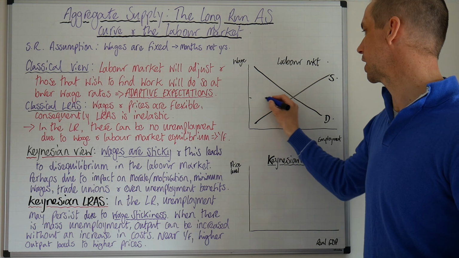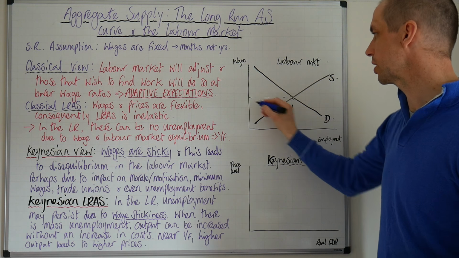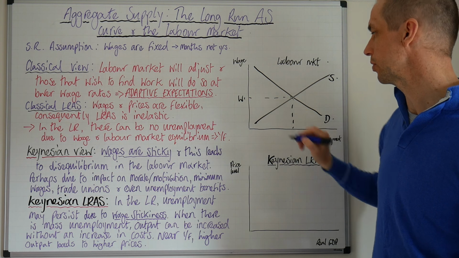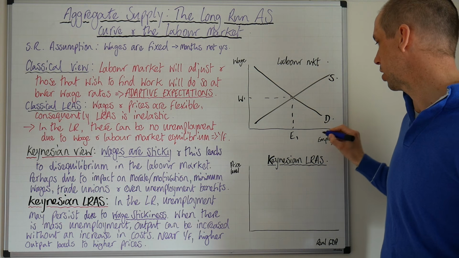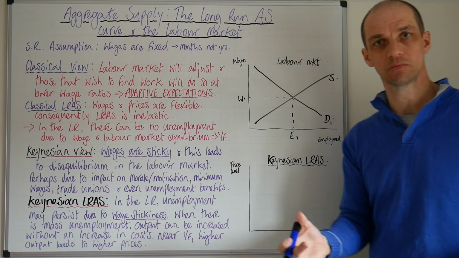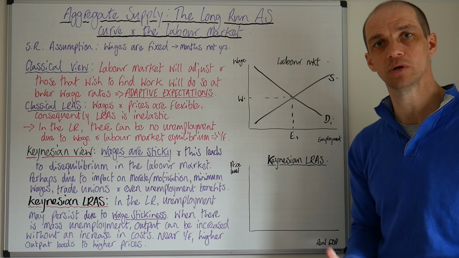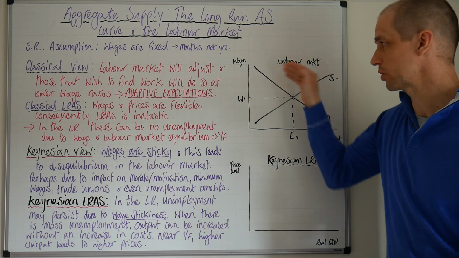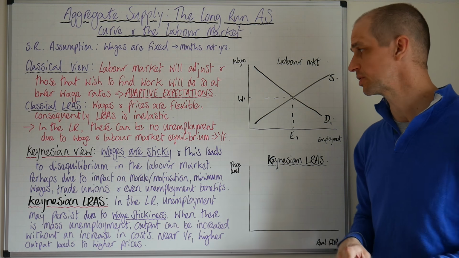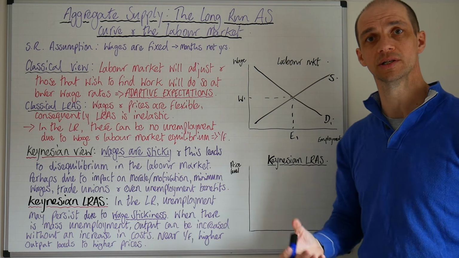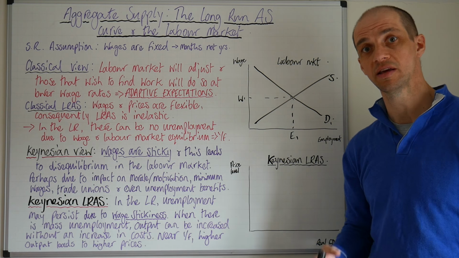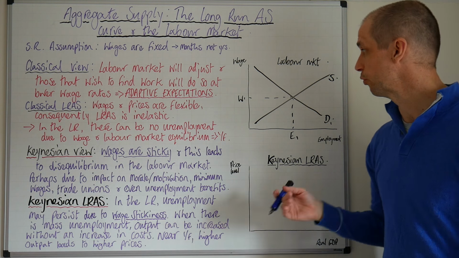Well, let's just put down our equilibrium wage rate here at W1 and E1, and that all corresponds with the demand curve for labour, which is D1. So this demand curve, of course, comes from firms. The supply of labour is the employees themselves and giving their time for money.